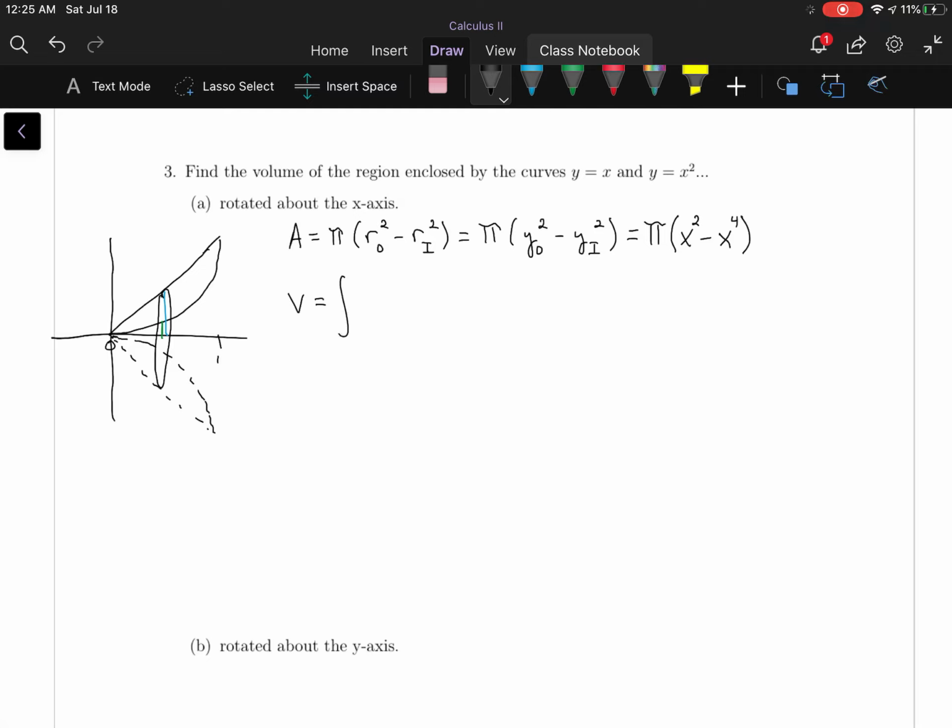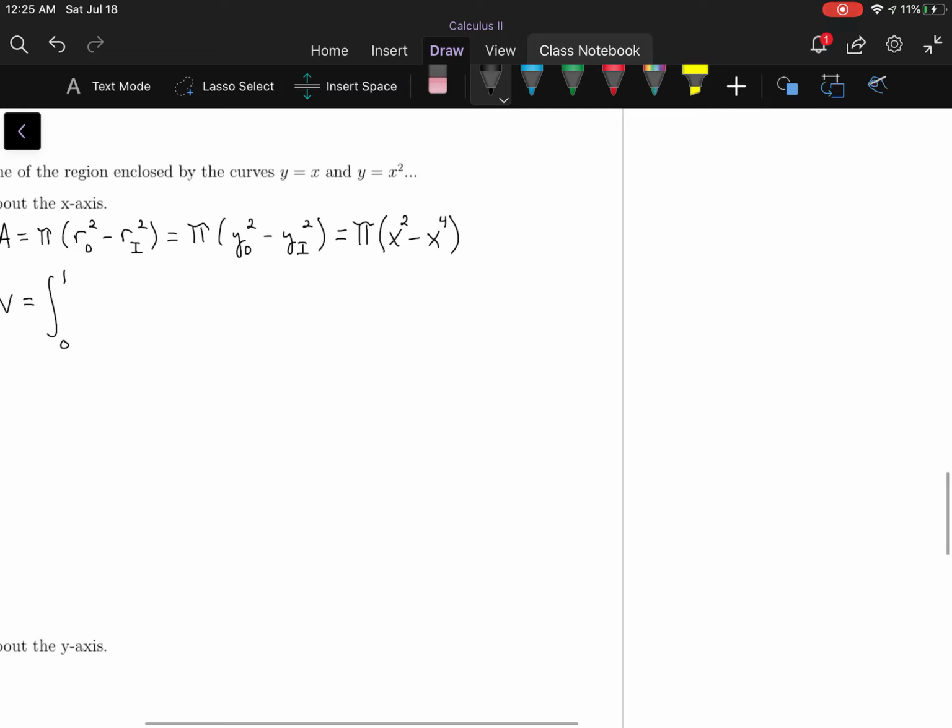So the volume is the integral from 0 to 1. And I found that by setting the two functions equal. So I'll do that on the side just in case you don't see it. If the two functions intersect, then x equals y can be subbed into the y in y equals x squared.